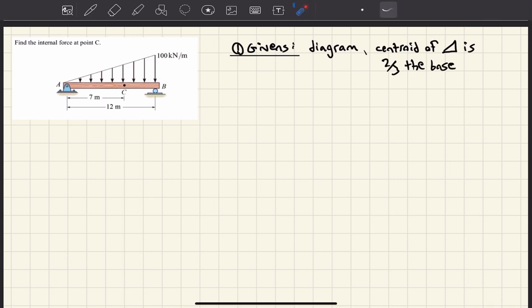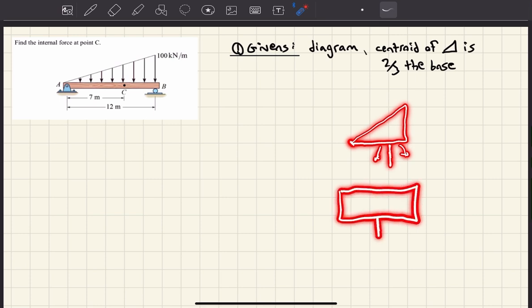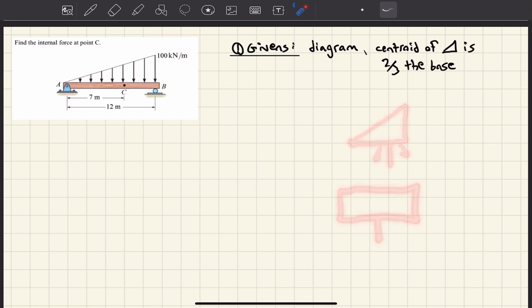What the centroid means in practical terms is, if I bring my finger and I want to balance it at one specific point where it won't tip this way and it won't tip this way, where will I hold this triangle? For a rectangle, it's simple. Just hold it directly in the center, right? For a right angle triangle, it's a bit different. You want to hold it 2/3 the base.